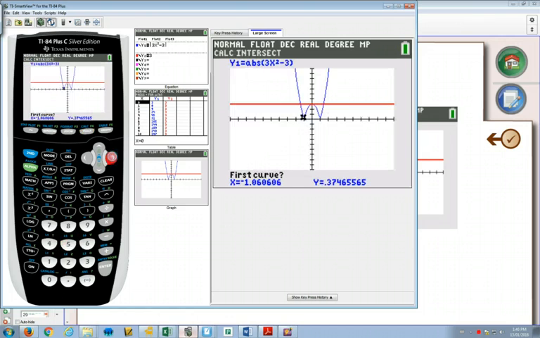I'm going to move my cursor closer to the one that I haven't found. Enter once, moves to the other line, enter again. Then it asks you to guess. This time, I'm going to say, since I know parabolas are symmetrical, and I figured out negative 1.41, if it was symmetrical, I would guess it would be positive 1.41, and it is.